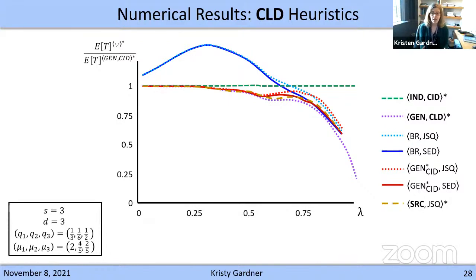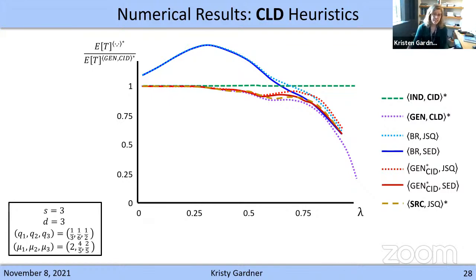And this is happening because when lambda is very, very high, all of these policies end up using pretty much the same querying rules in order to maintain the stability of the system. We have to ensure that every class gets queried often enough if we want to keep our system stable as load increases. And so it really turns out that assignment becomes the key factor driving the performance of our different dispatching policies when lambda is very, very high.